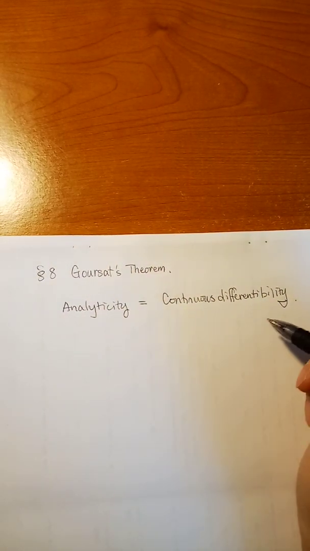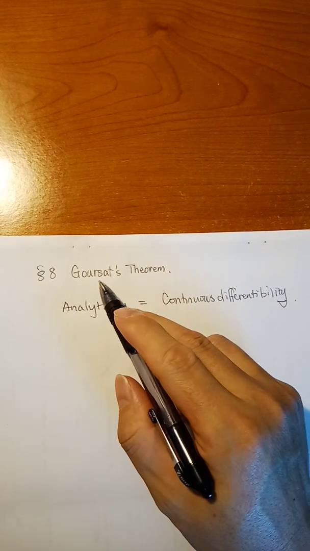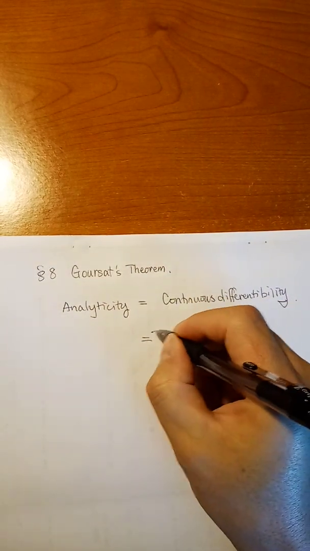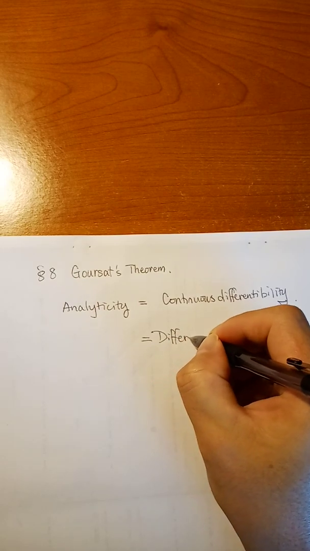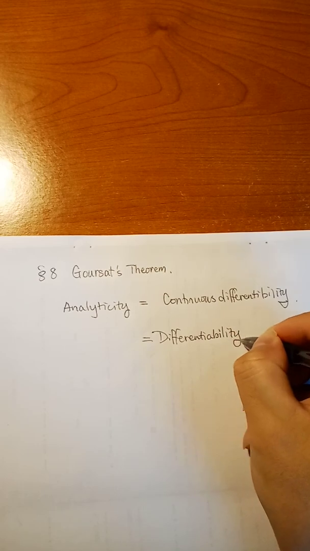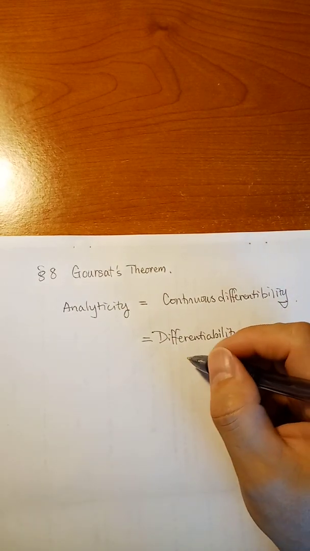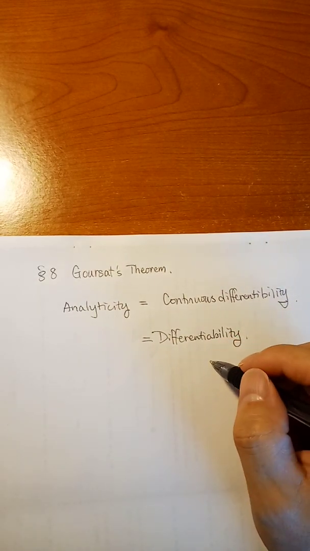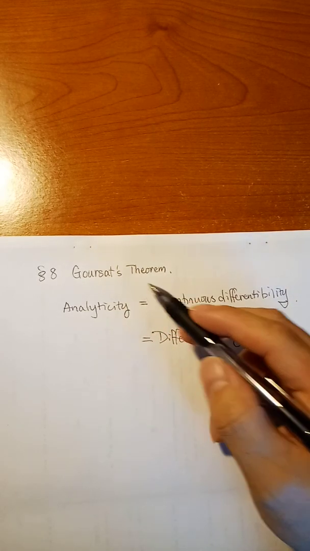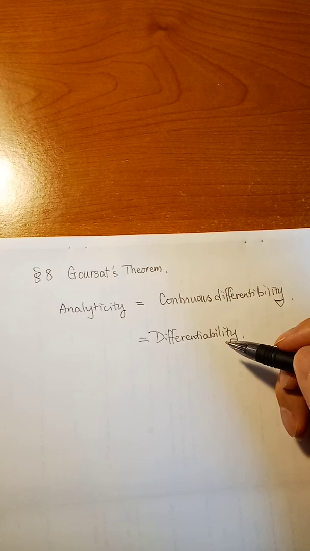The derivative is continuous. And the Goursat theorem says it is equal to differentiability. A complex function is differentiable, then it must be analytic. So that's what Goursat theorem says.